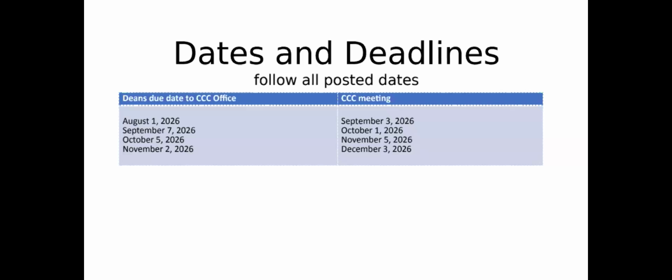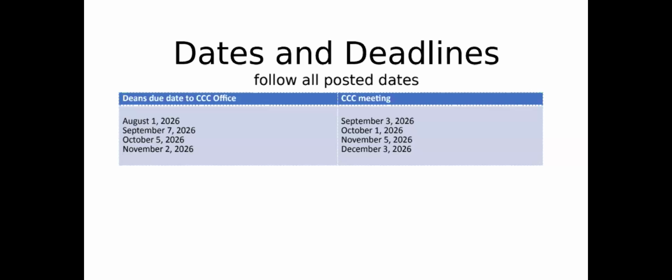You see deadlines for fall of 2026. This is posted in the Blackboard shell for Curriculum Committee. I have a folder for all the dates and deadlines. I've updated that. So our first deadline for the fall, if you want an item to come to the fall, I have one, Susie, is August 1st.